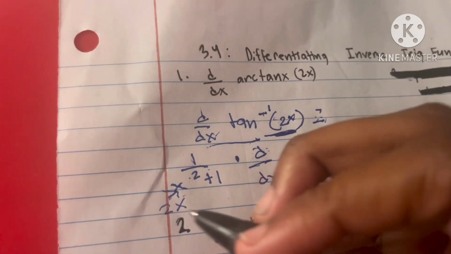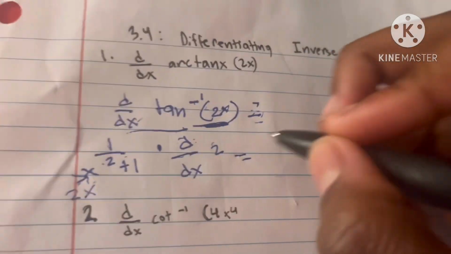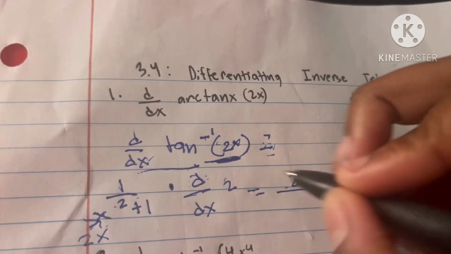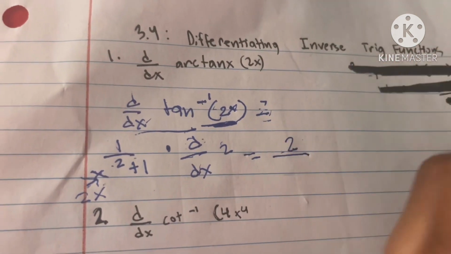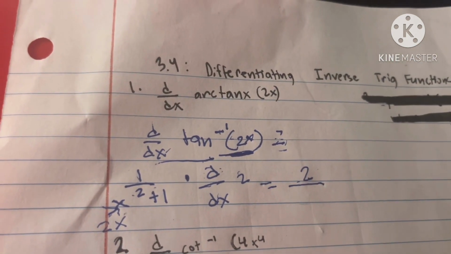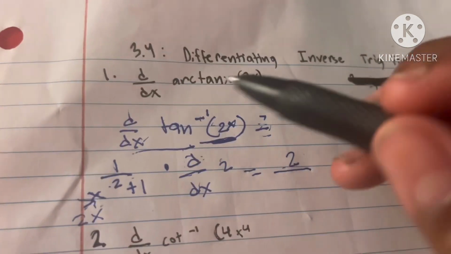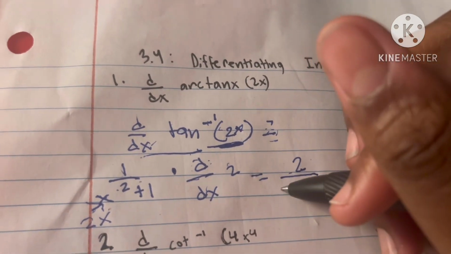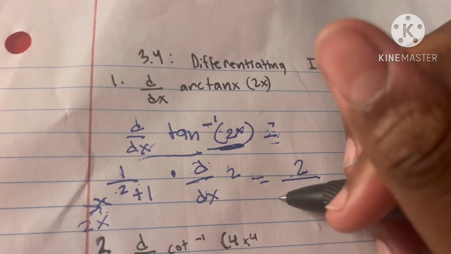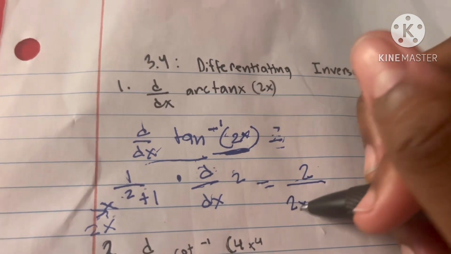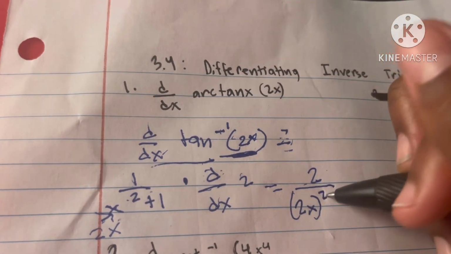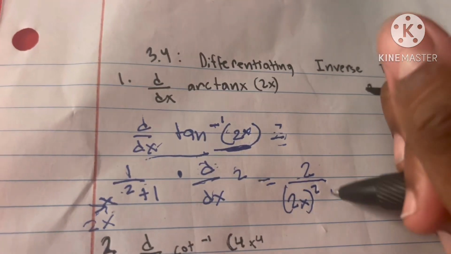So you keep this. So it would just equal 2 over, I don't really like putting d over dx. A lot of people do it, but you're just taking the derivative of the function or whatever. It doesn't really make sense to me, but okay. But 2x in parentheses squared plus 1.